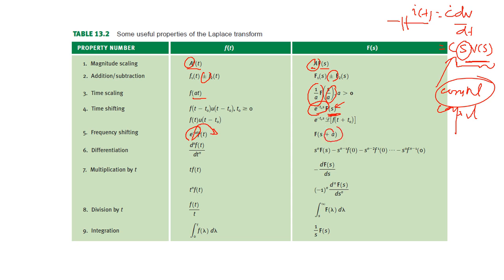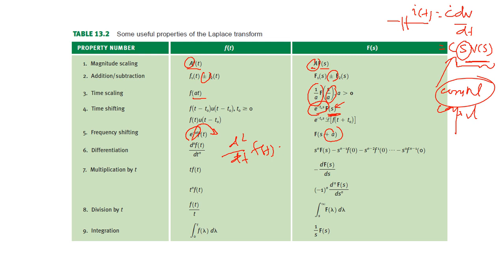This will be introduced inside this. So frequency shift will definitely change the s value by that shift, which is a here. In differentiation, any nth order derivative would have subtractions of its residue of n minus 1, n minus 2, n minus 3. So let's say we had a second order differential, d square by dt square of f of t.